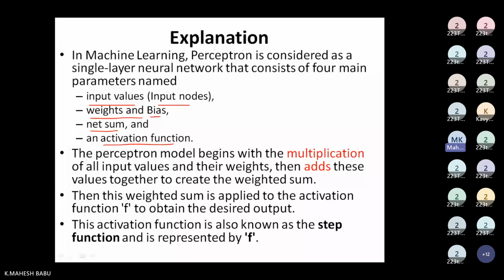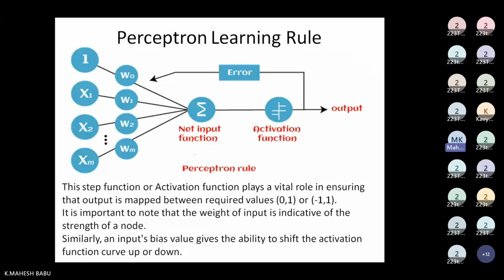The same things we discussed. And here one more, the same example, but here we are adding an error value. So something you are expecting, but the system is giving a different value, means we need to adjust the weights. That adjustment will be done by means of an error. That value is going to be added and update all the weights.